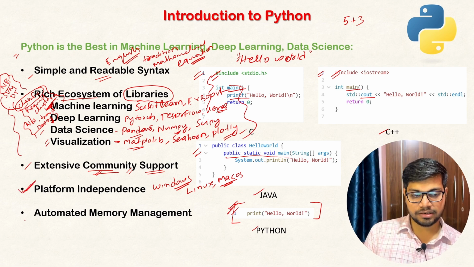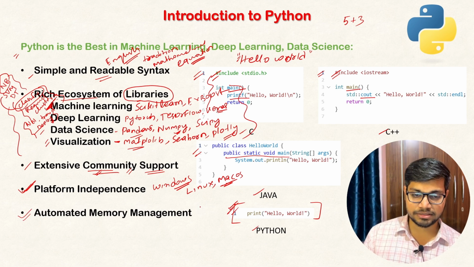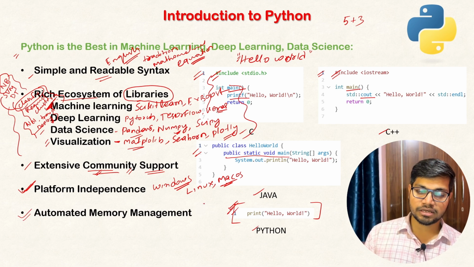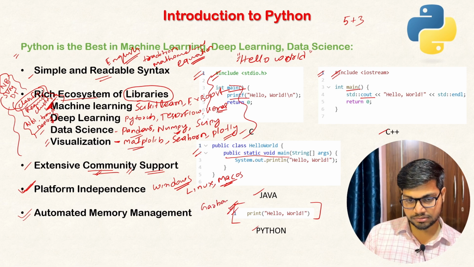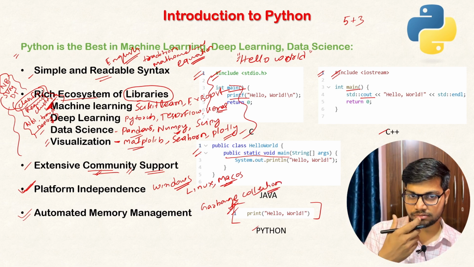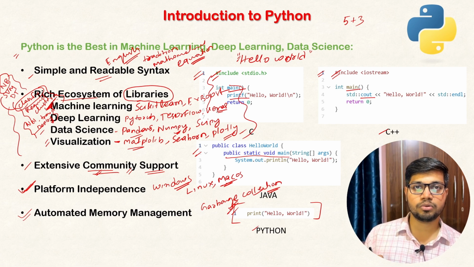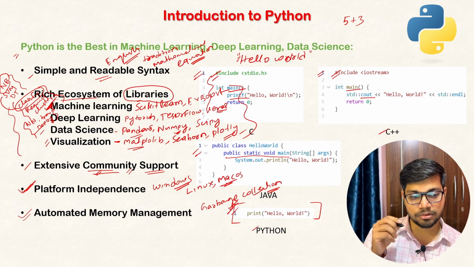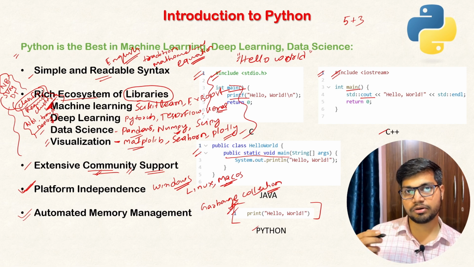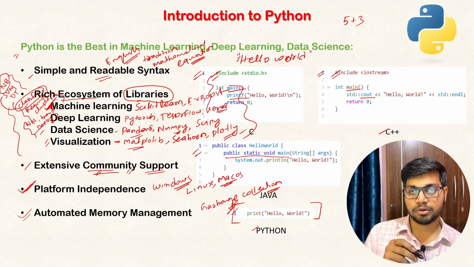Then Python also provides automated memory management. Automated memory management means in Python there is a concept like garbage collection. During your work in machine learning, deep learning, data science, you are working on data, and you are not required to explicitly manage the memory during execution. Python automatically handles these memory management things.